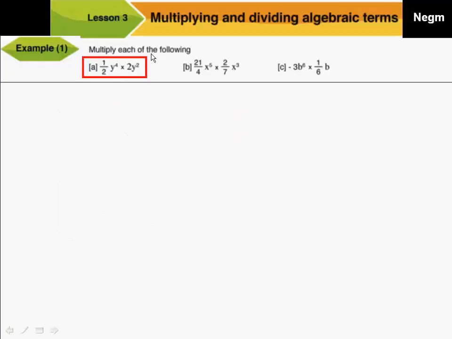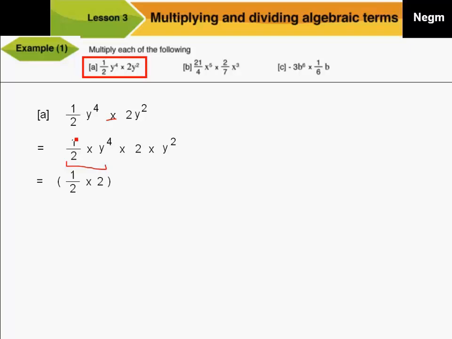Example 1, multiply each of the following. Number A, we have half y to power 4 multiplied by 2y to power 2. We said before that we have to multiply the numerical parts together. First, half y to power 4 means half multiplied by y to power 4, multiplied by 2 times y to power 2.